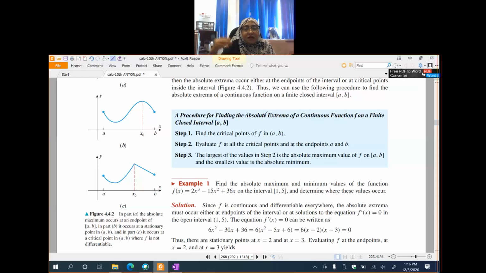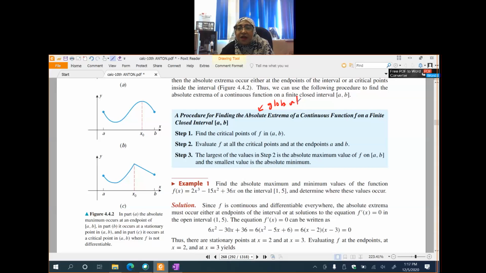Absolute extrema. Absolute extrema is the global one. I normally use local minimum or local extrema instead of relative extrema, and for the absolute, I normally use global, but they are actually the same. Global or absolute means the highest one.